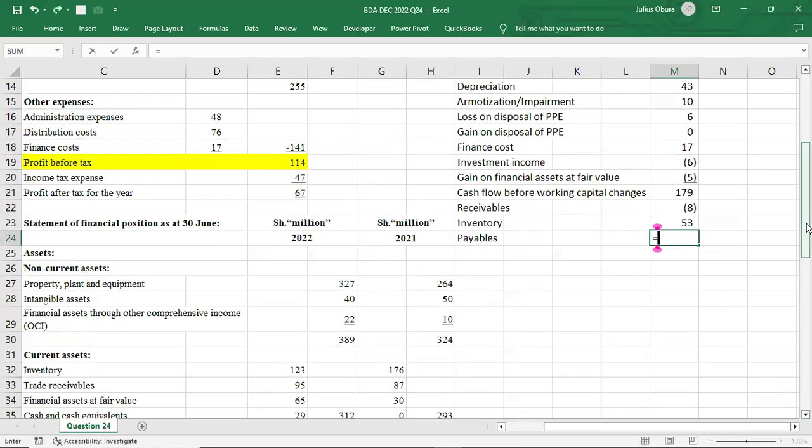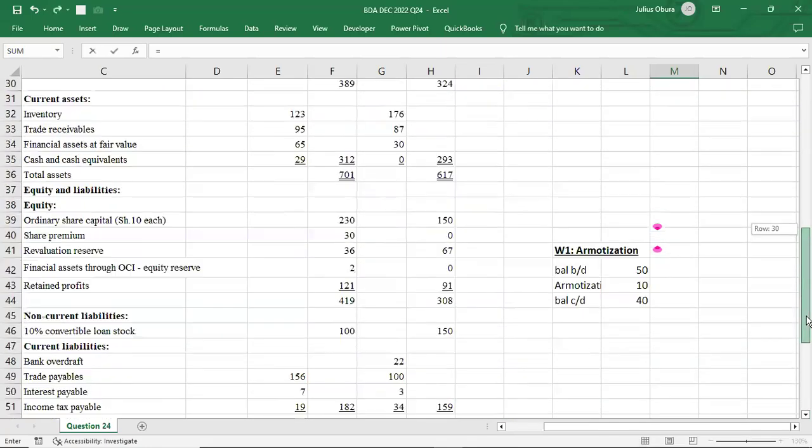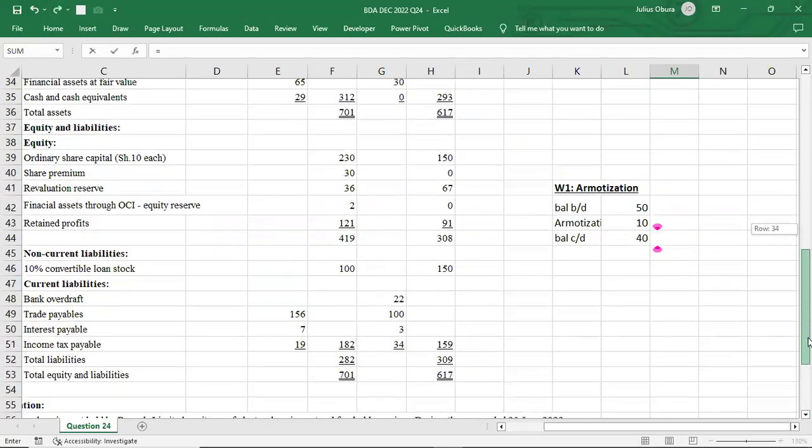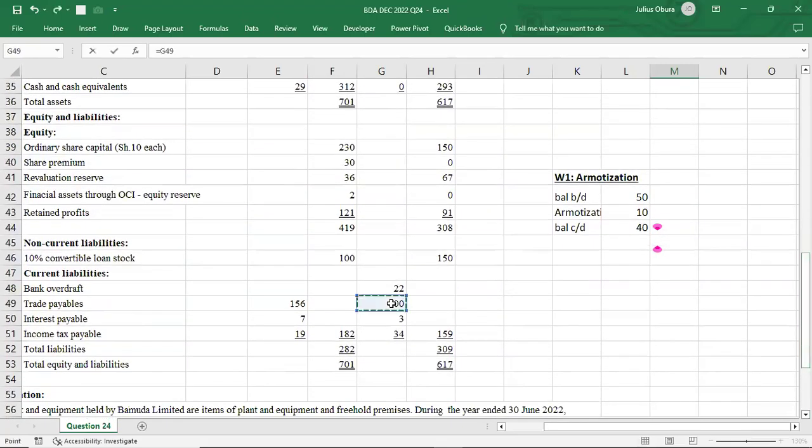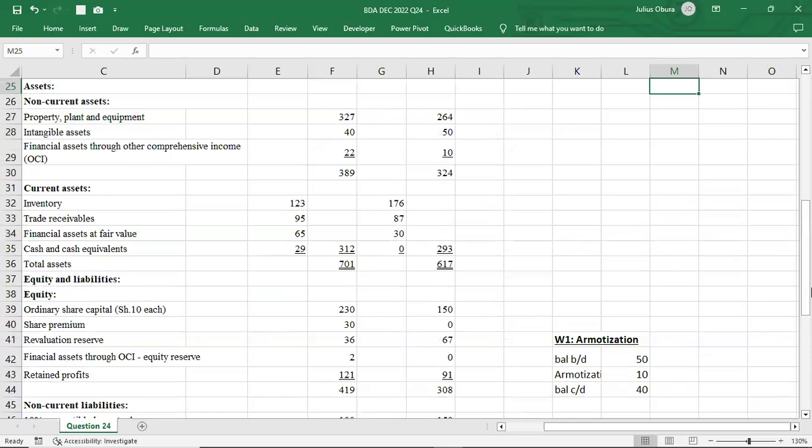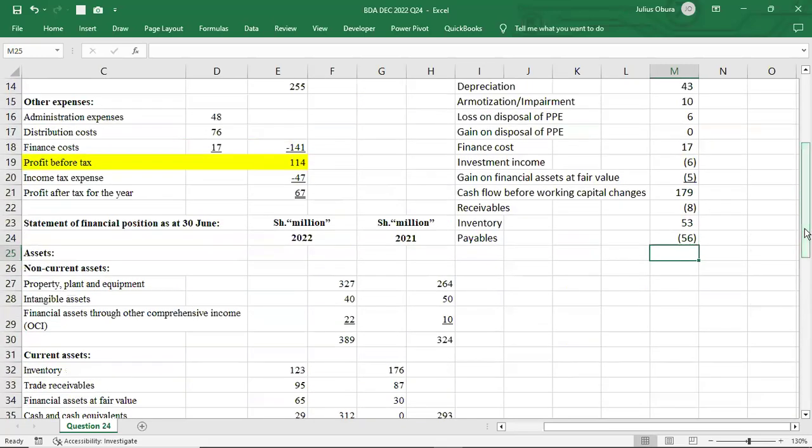So if we take opening minus closing, we are going to have 100 minus 156, which is negative 56.